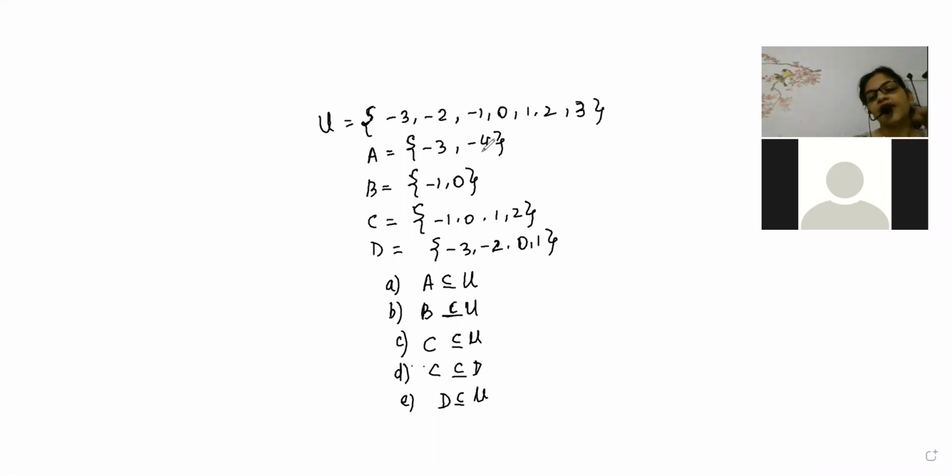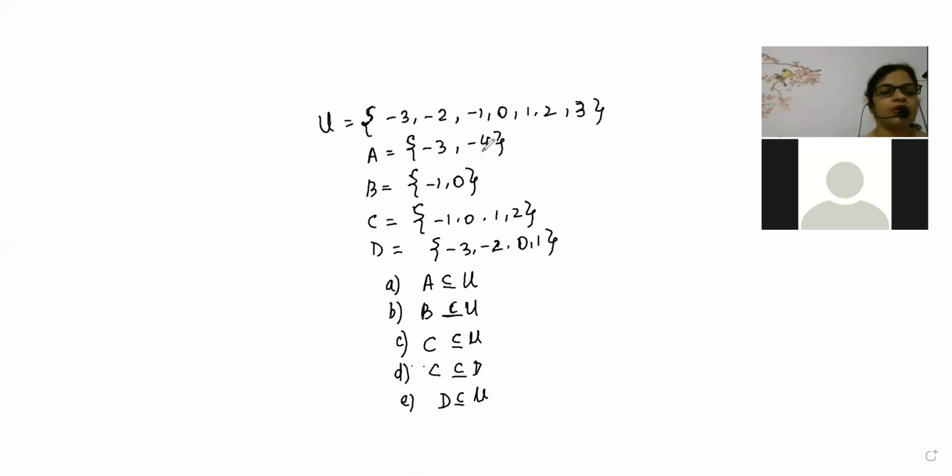So since A does not belong to the universal set family, beta, you have to understand the universal set is a family containing -3, -2, -1, 0, 1, 2, 3. And now A is a set claiming that I am a subset of the universal set. Then are you going to believe A?